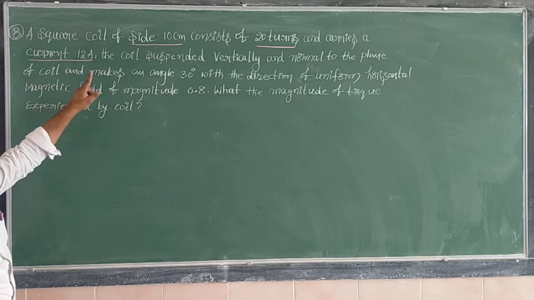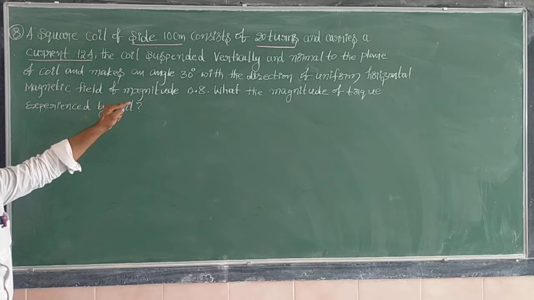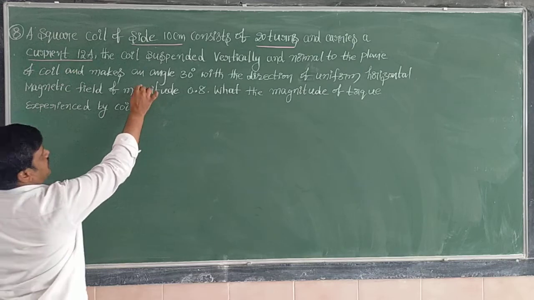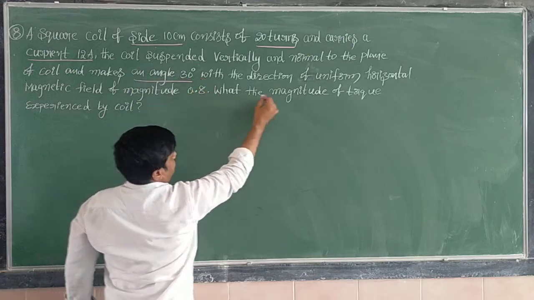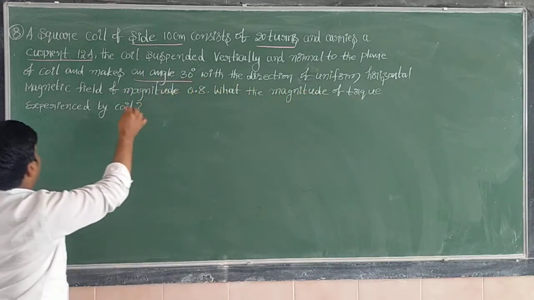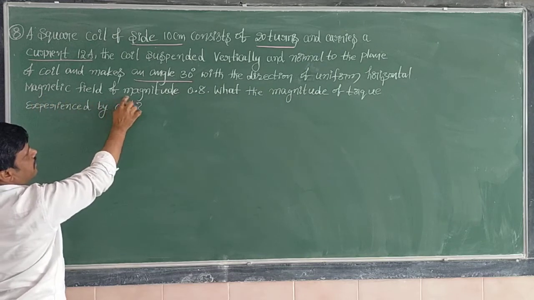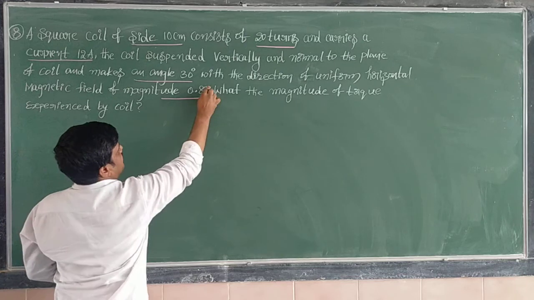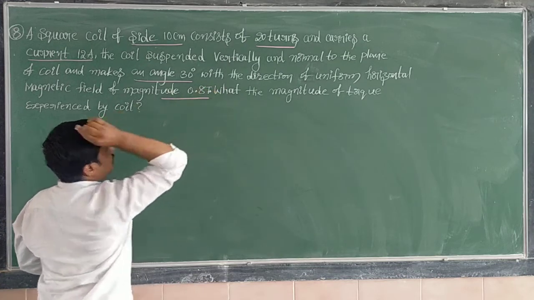Next, the coil is suspended vertically and the normal to the plane of the coil makes an angle of 30 degrees with the direction of a uniform horizontal magnetic field of magnitude 0.8 Tesla.